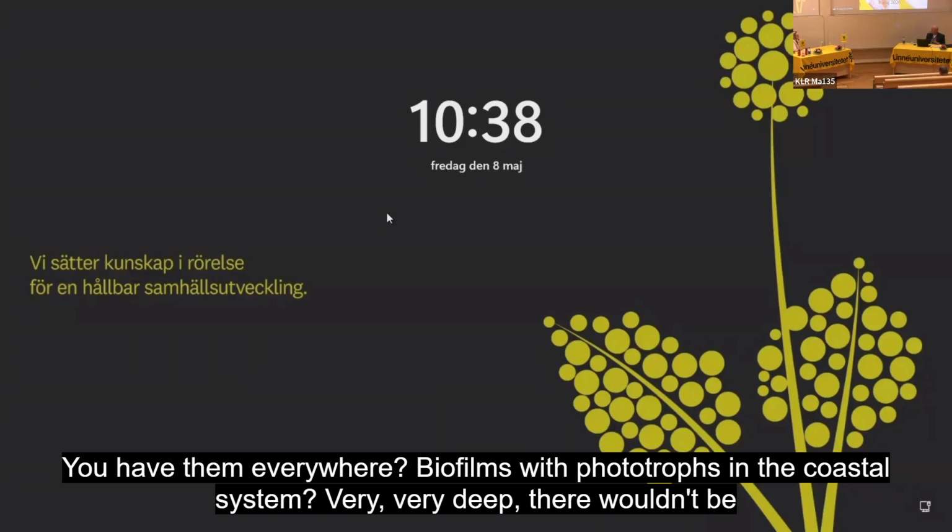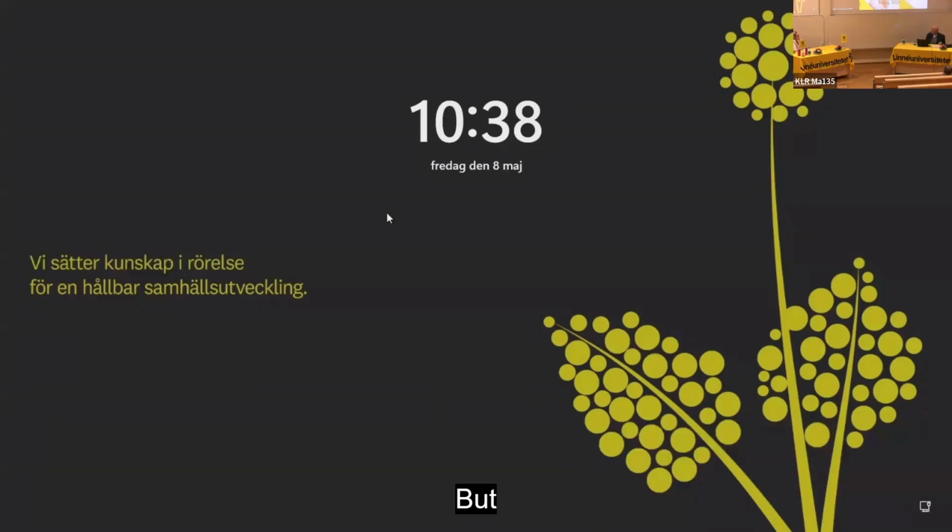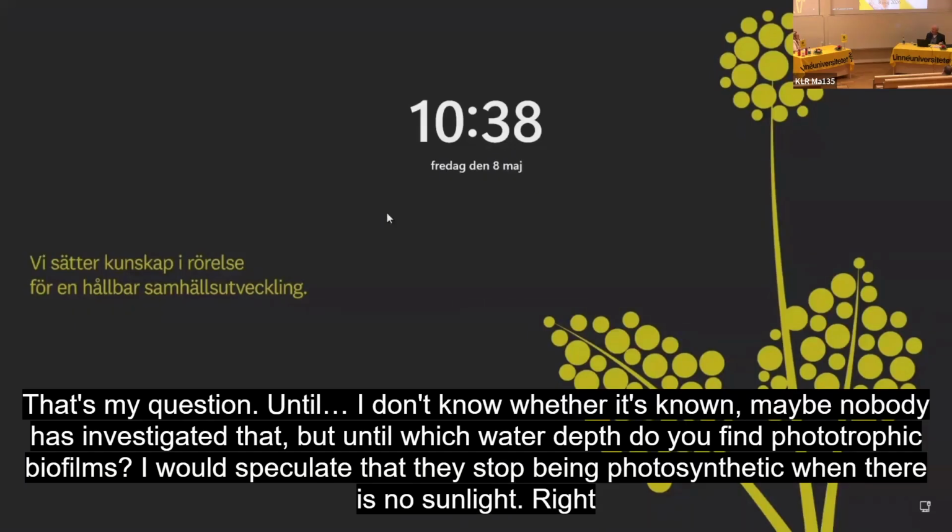There wouldn't be a good thing to be phototroph if there's no sunlight. Yeah, that exactly is my question. I would speculate that they stop being photosynthetic when there is no sunlight.